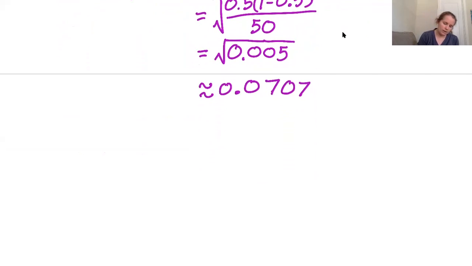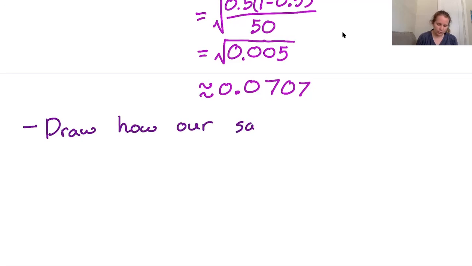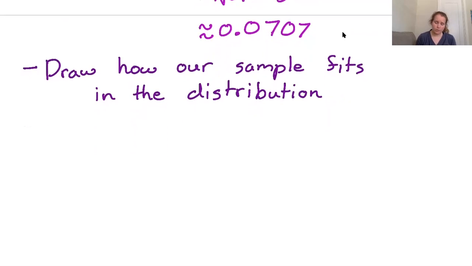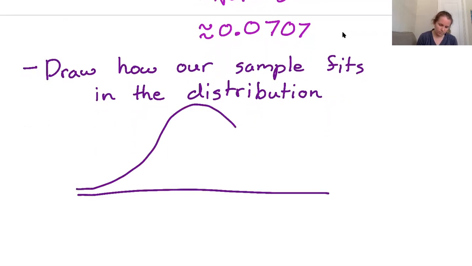Next up, we want to see how our sample fits in the distribution. So we want to draw how our sample information fits in the distribution. We have a normal curve centered at 0.5.